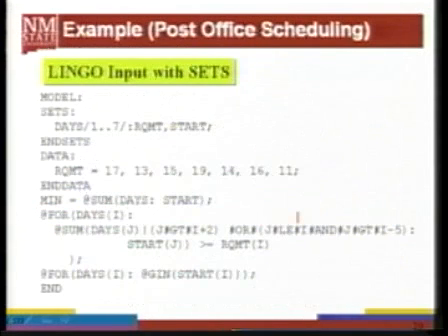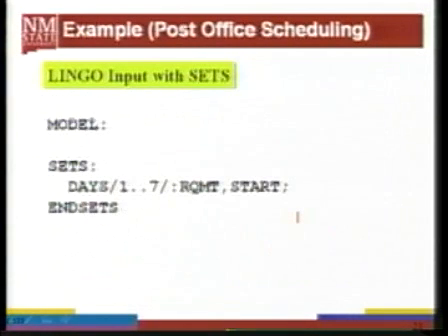Okay, then this is the input for LINGO using the sets option. Let's talk about this one by one, okay? So using LINGO sets, first of all, we need to define the sets which are needed to solve the problem. So it defines the days of the week.